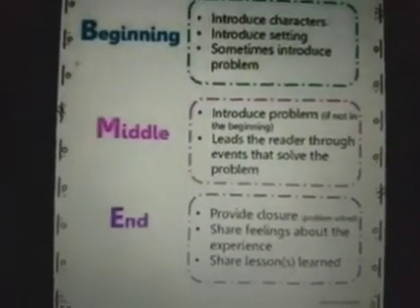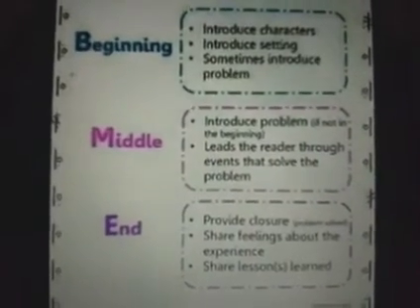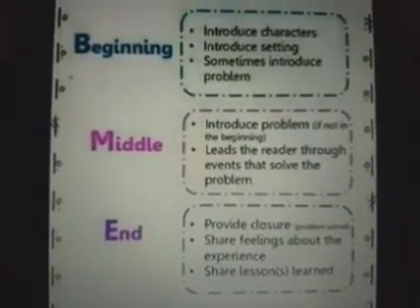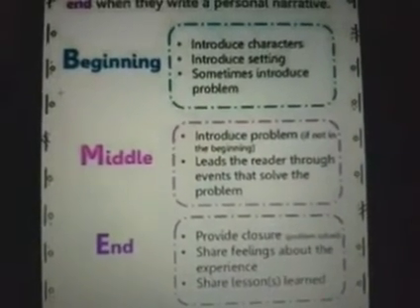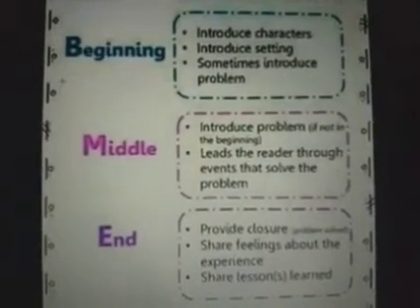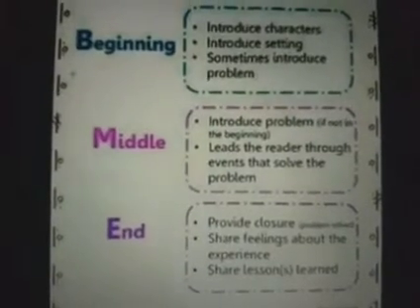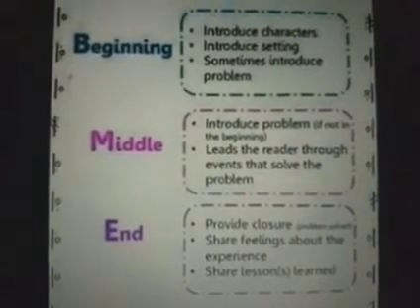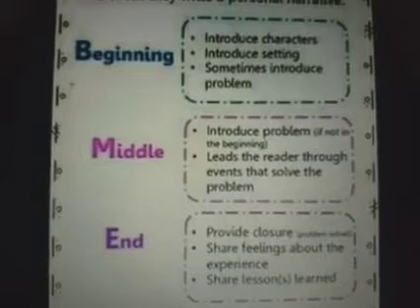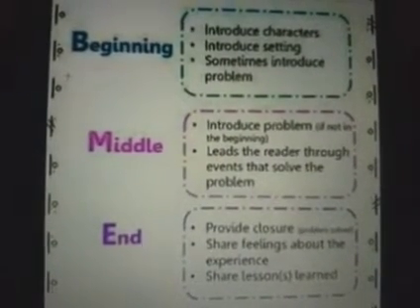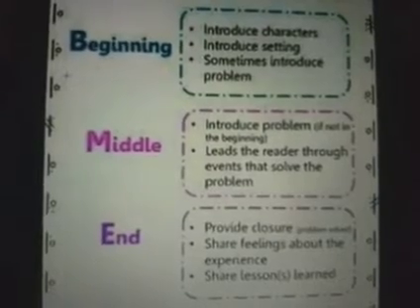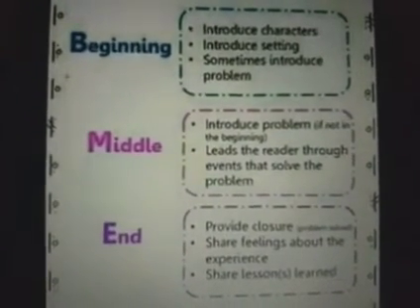The main part of the story is discussed in the middle part of the story. So the major chunk of the story is in the middle part. If you just hear the beginning and the end of the story, you will not understand anything. So this is the main part of the story, where the problem is discussed.